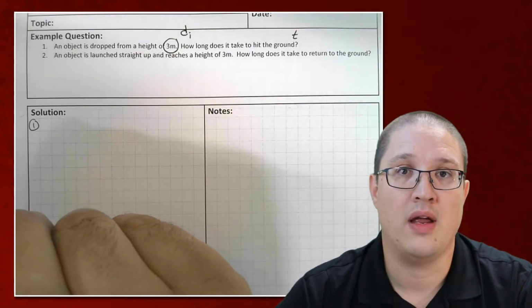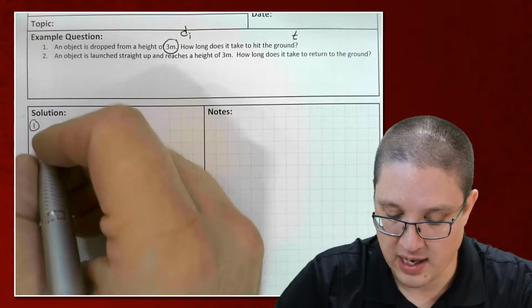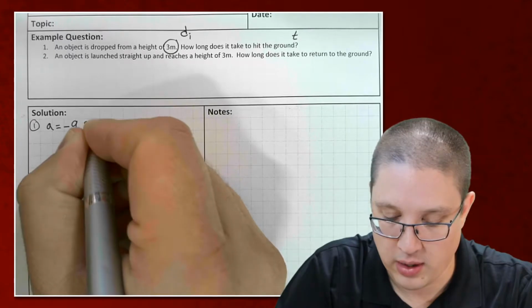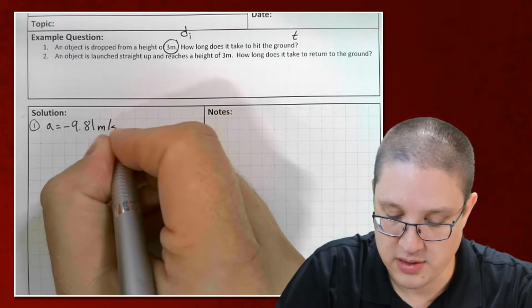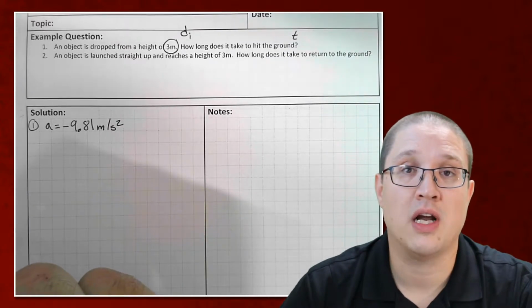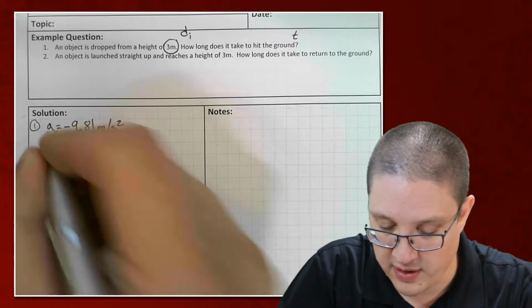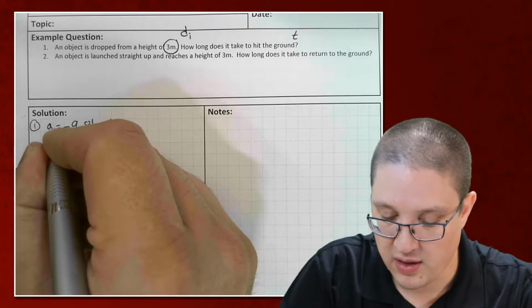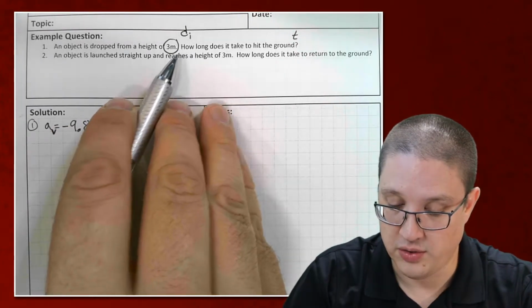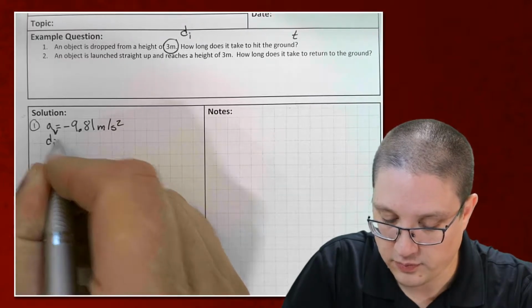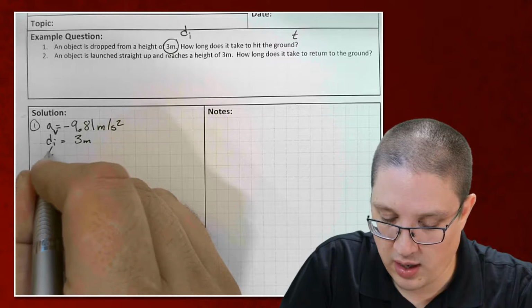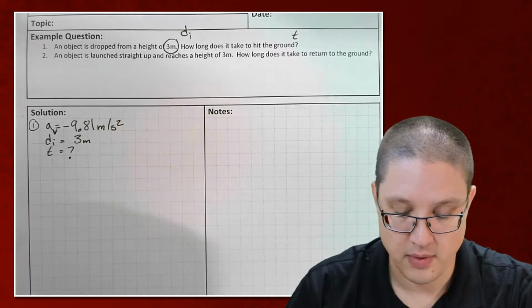We know that in projectile motion, we always have an acceleration due to gravity of negative 9.81 meters per second squared. In every projectile motion question, we are going to have a vertical acceleration of that, assuming the projectile is launched on Earth. We have an initial distance is 3 meters, and then we're looking for time here.